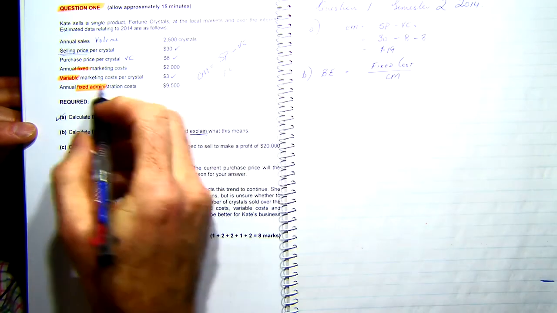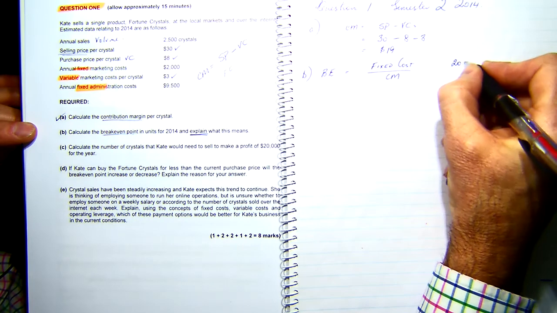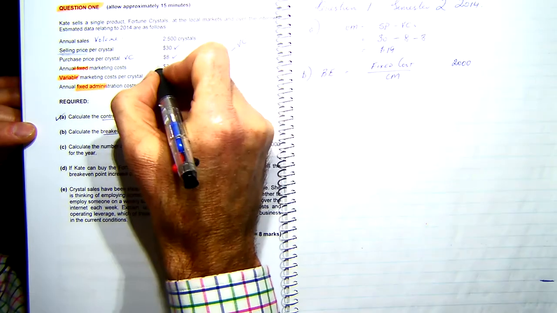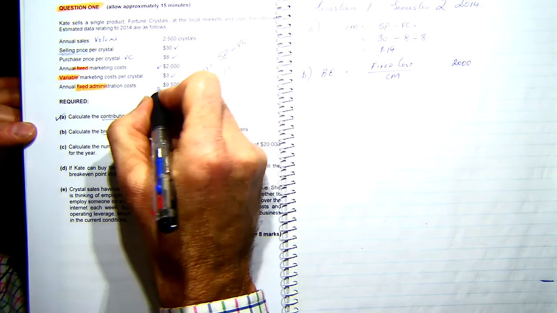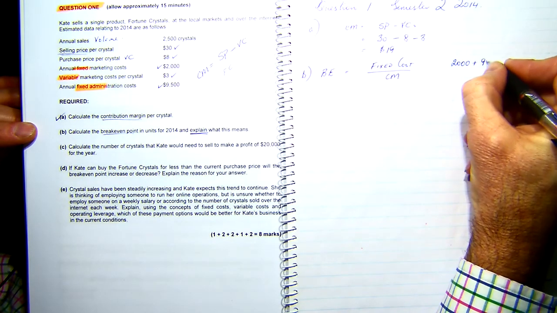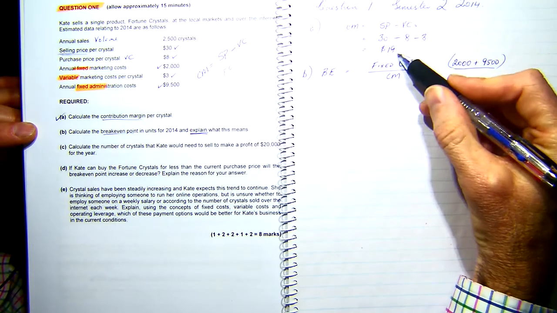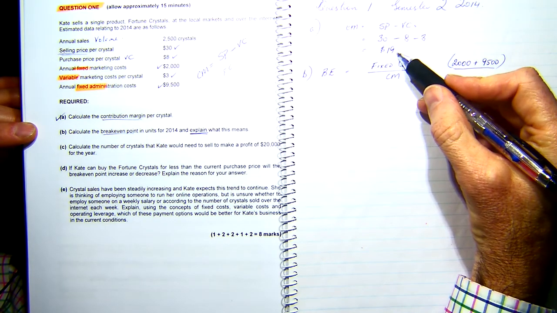My fixed costs are my annual marketing fixed costs of $2,000 plus my annual administration costs of $9,500, divided by my contribution margin, which we've already calculated to be 19.